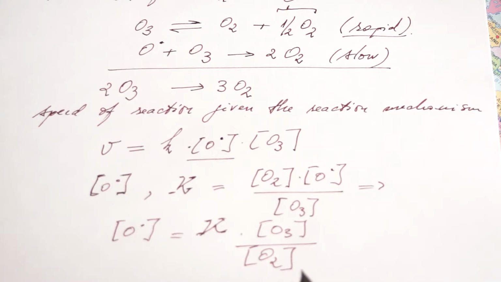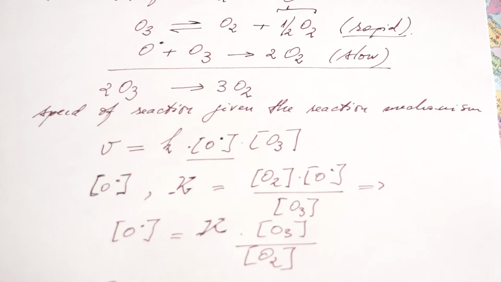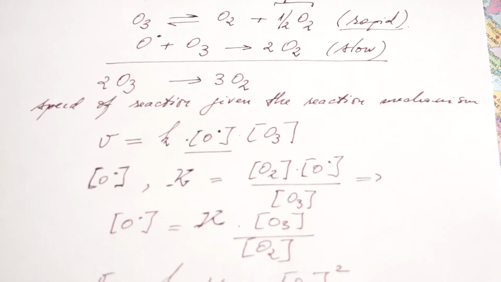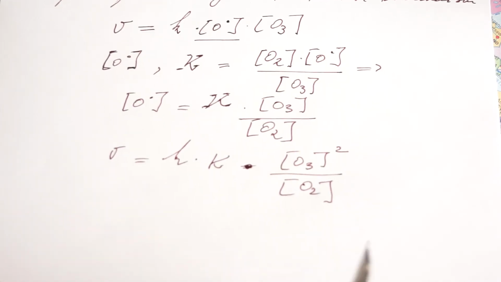Now, if I plug in the concentration into the speed of reaction, I will have k times the equilibrium constant times ozone squared divided by O2. I'm sorry you didn't see that. Now you can see it.